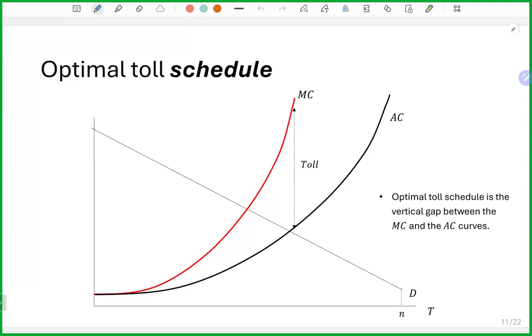That is a particular value, but the toll is a function. The value is calculated by evaluating the function at a particular point.